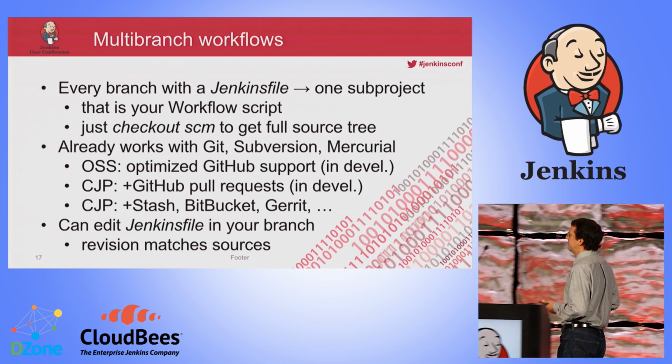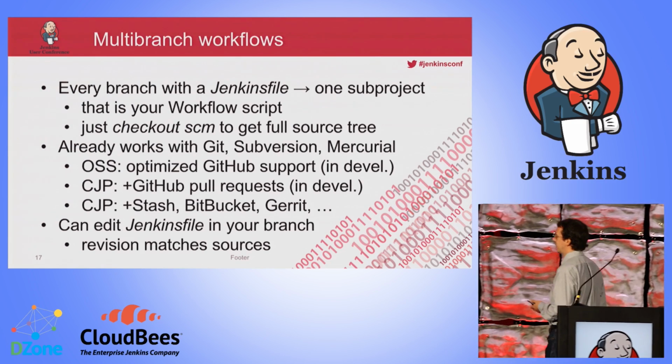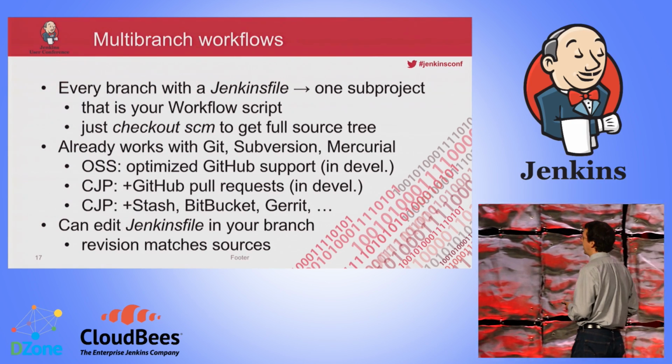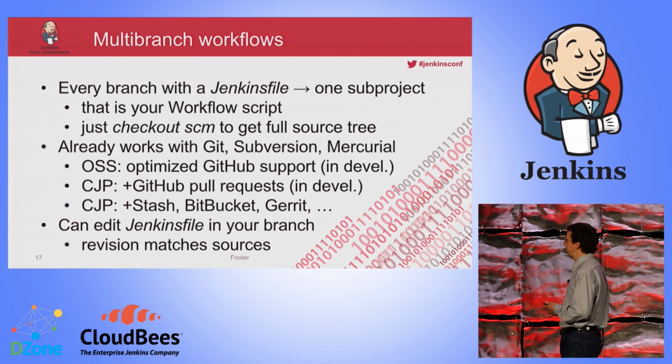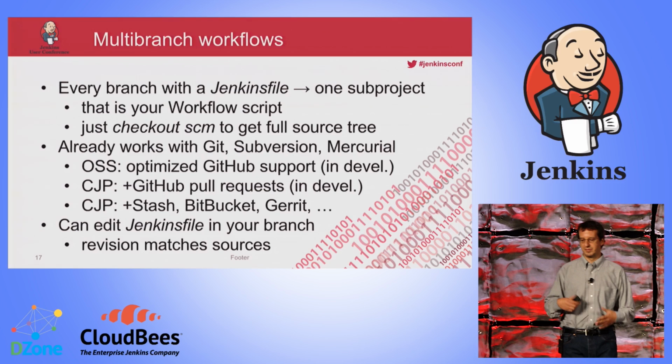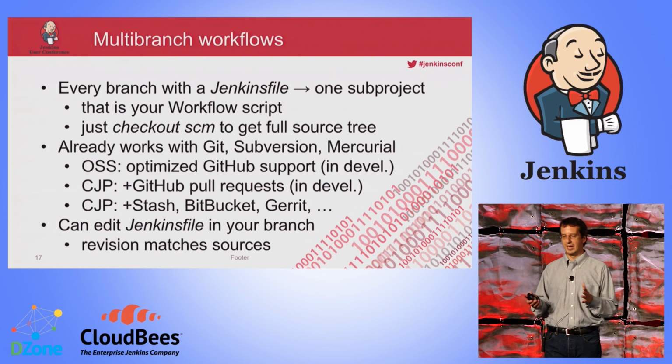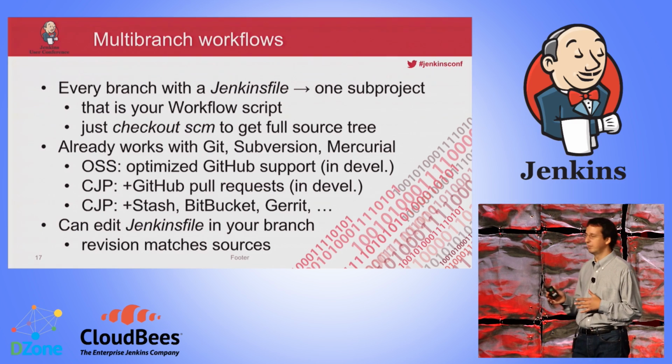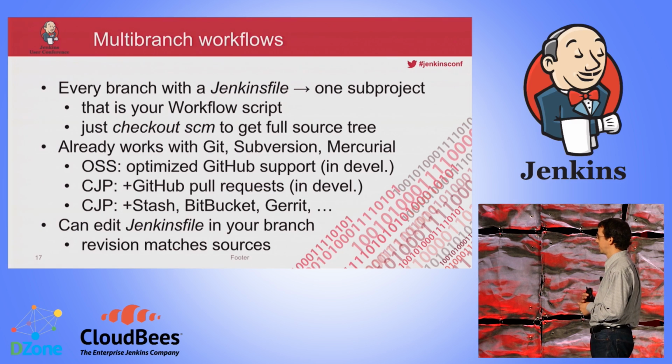So there's a system that's been around for Jenkins for a couple years, but hasn't been pushed the last mile, which is called Multibranch, which solves this basic problem. It automatically creates a subproject for every branch that you have in your version control system.